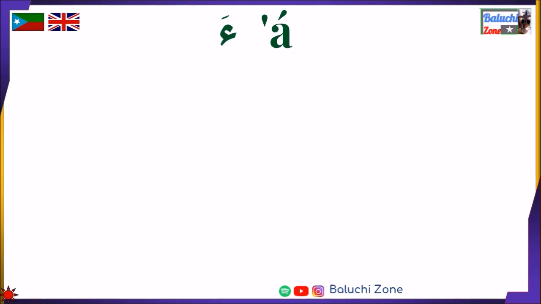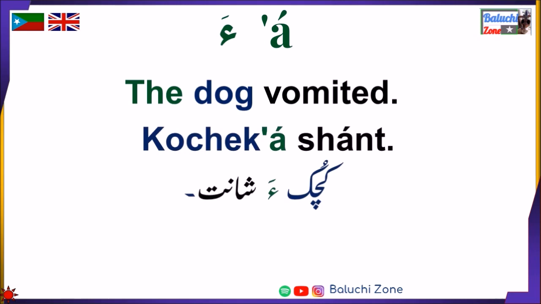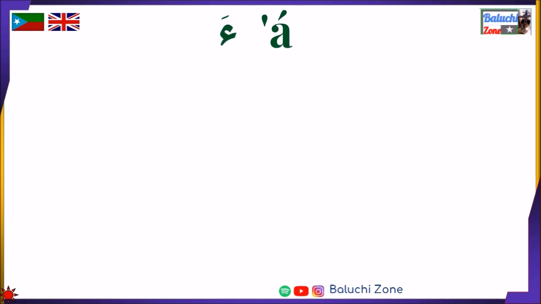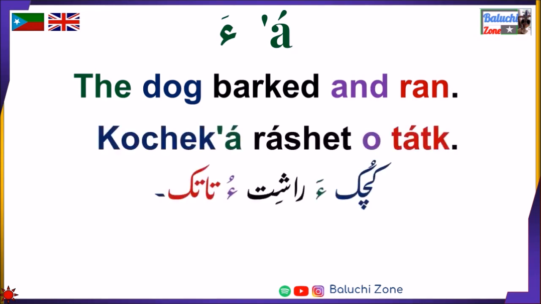If I wanted to say the dog vomited, it would be translated as کوچک آ شانت. And if I wanted to say the dog barked and ran, it would translate as کوچک آ راشت و تاتک.